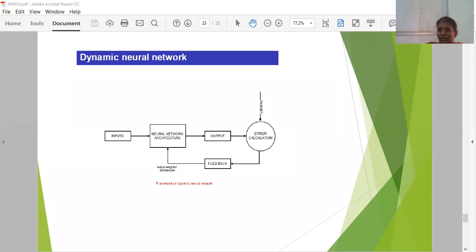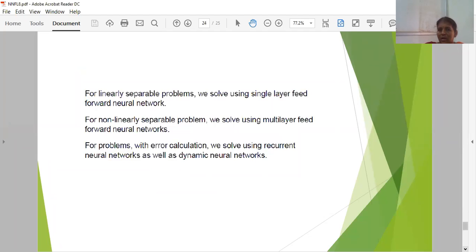So finally you have learned that for solving linearly separable problems, we can use single layer feed forward neural network architecture. And for non-linearly separable problems, we are using multi-layer feed forward neural networks.